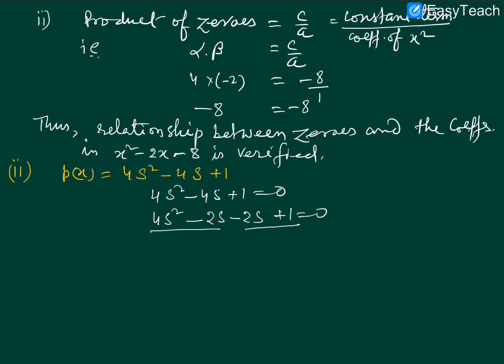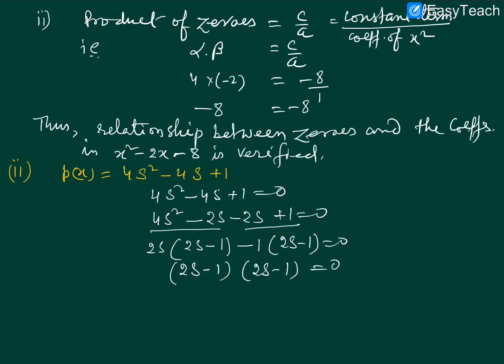Make the groups, take the common, 2x is common. So, we have 2x minus 1, here minus 1 is common. So, we get 2x minus 1, again 2x minus 1 is common. So, in next bracket there will be 2x minus 1.